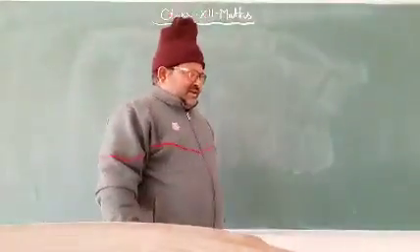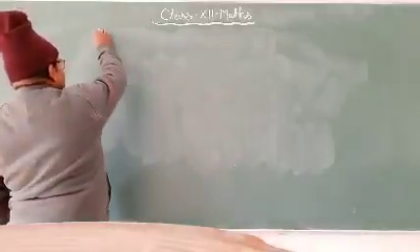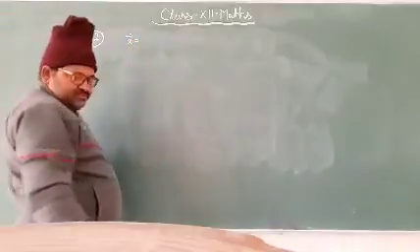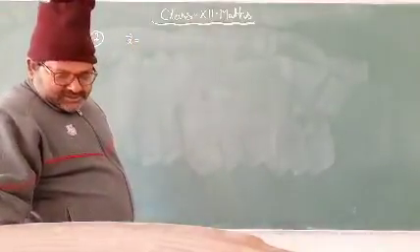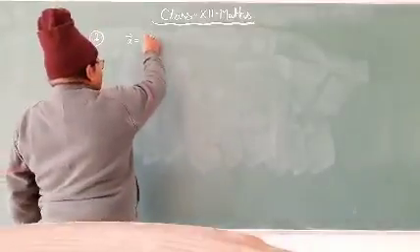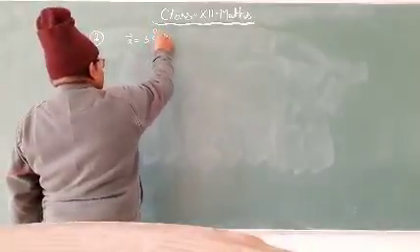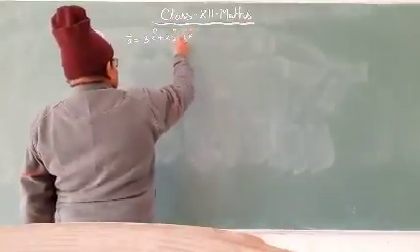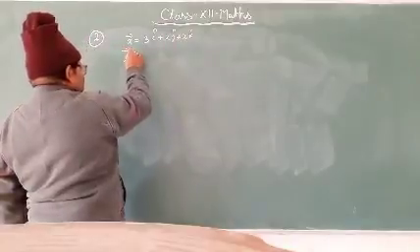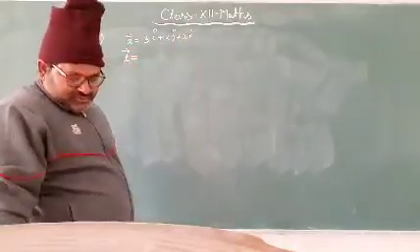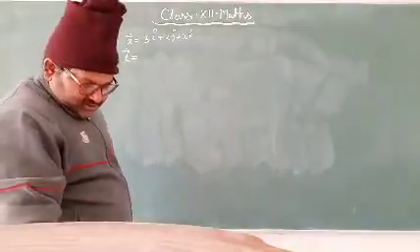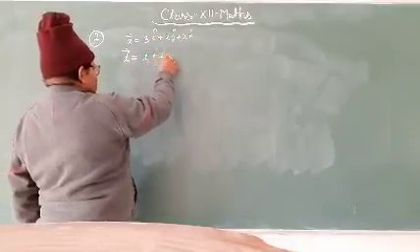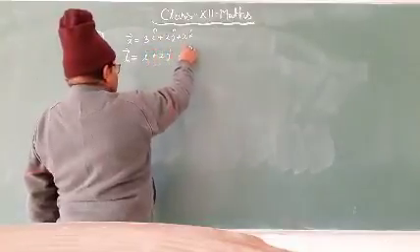Vector A equals 3i plus 2j plus 2k, and vector B equals i plus 2j minus 2k.